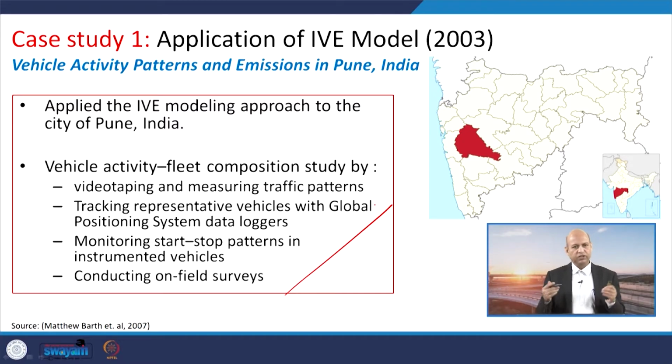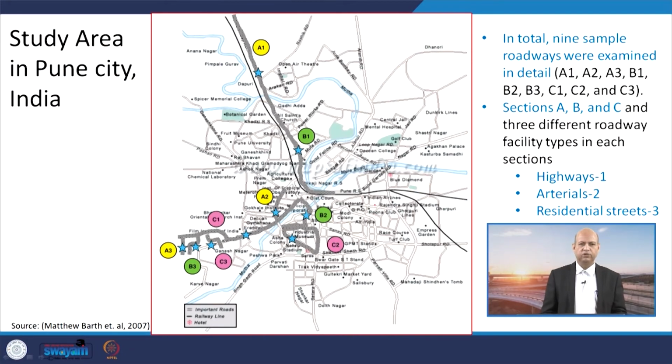And then monitoring start-up and braking related patterns, and conducting on-field surveys so that real life data could be included in the study. That was very important: not only the secondary data, but the first set of data, primary data, were also collected by virtue of survey.